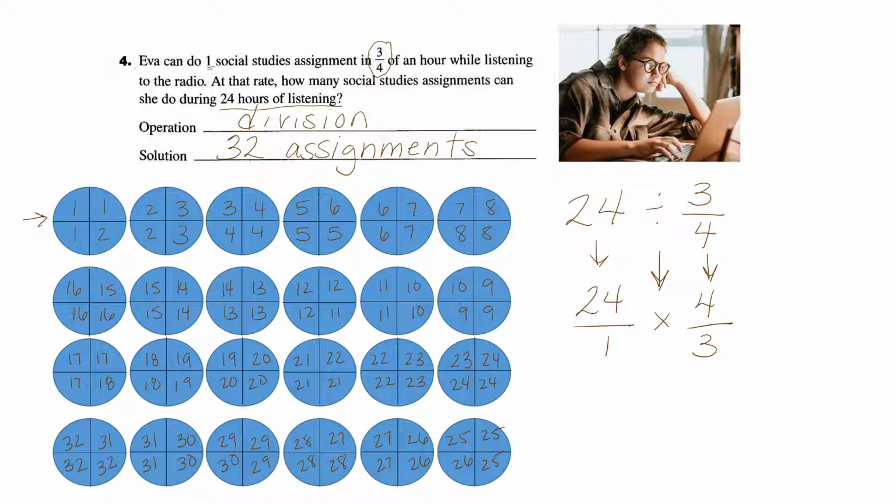We can reduce before we multiply. 3 divided by 3 is 1. 24 divided by 3 is 8. 8 times 4 is 32. And 1 times 1 is 1. And that equals 32 assignments. Good job.